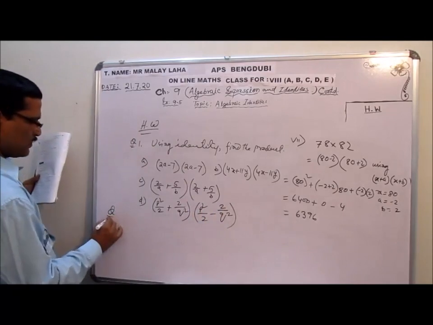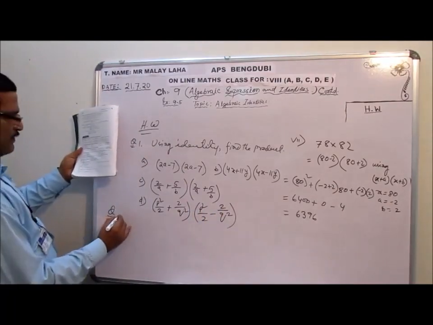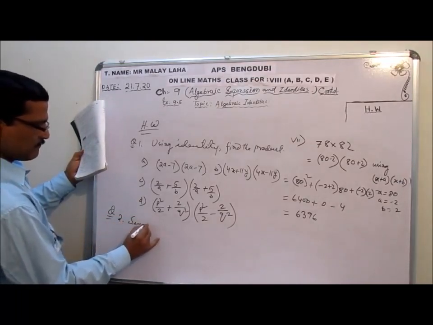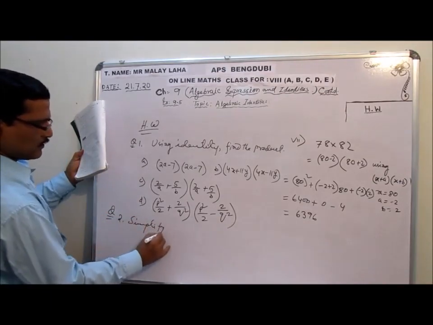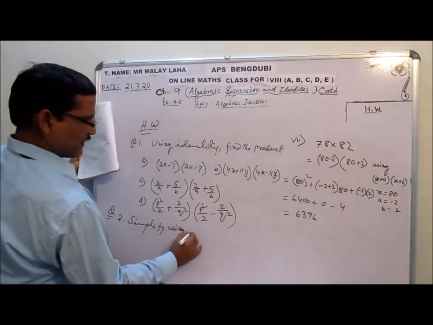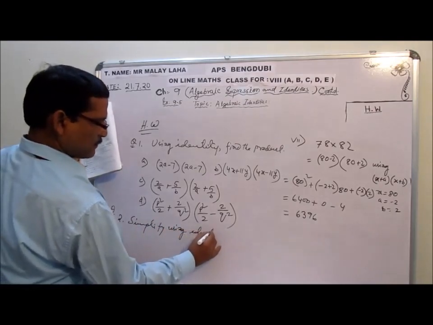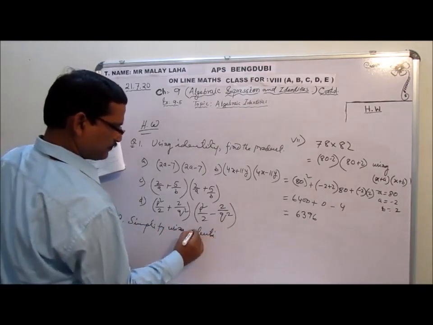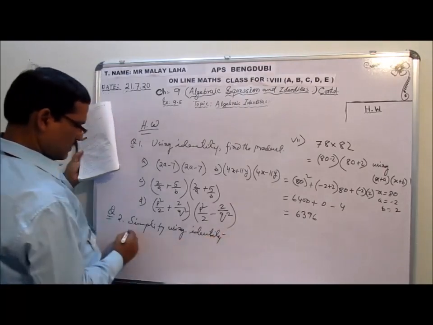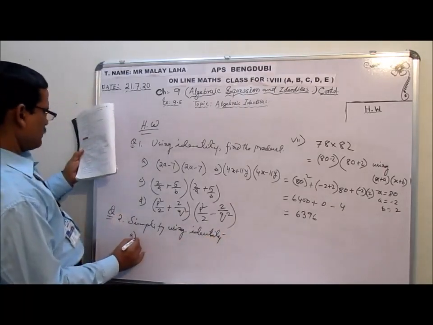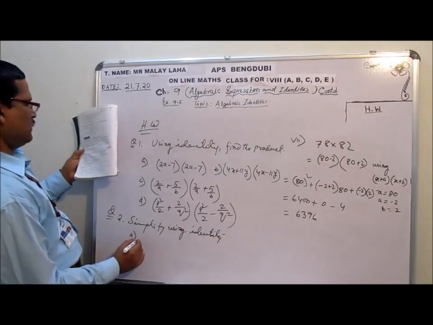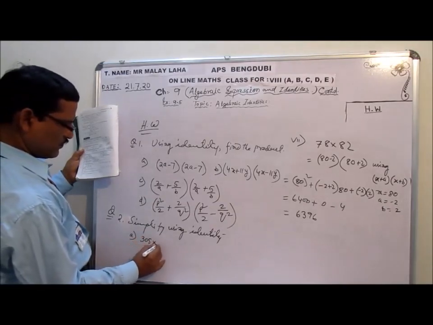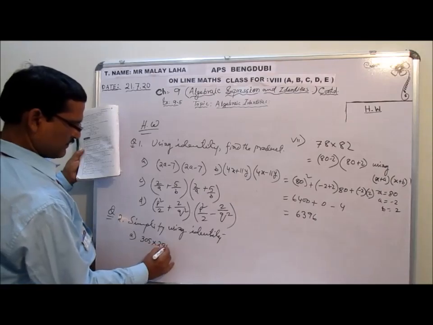Question 2. Simplify using identity. Examples: A: 305 into 295.